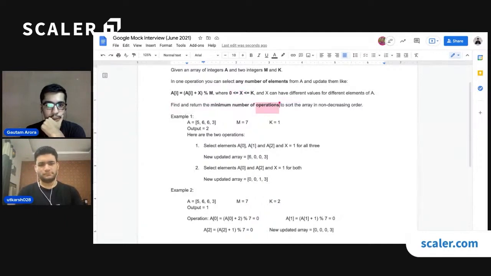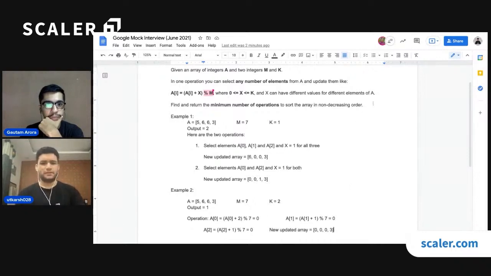Okay. So let's take this example, which is 5, 6, 6, 3, and we are given the value of k as 1. So now we can take x as either 0 or 1. Here m is 7, which is the greatest value, meaning the value of a of i can range from 0 to 6, I guess.